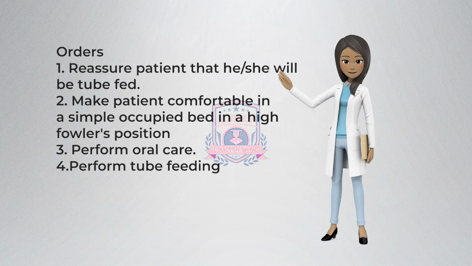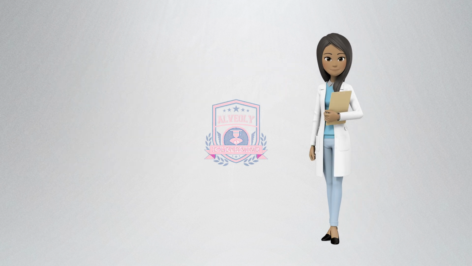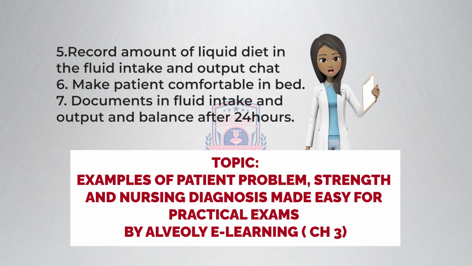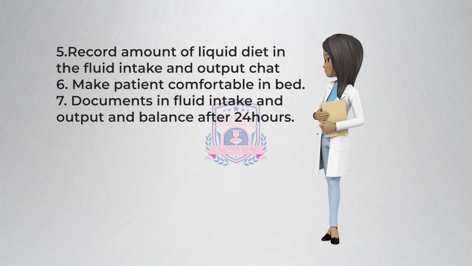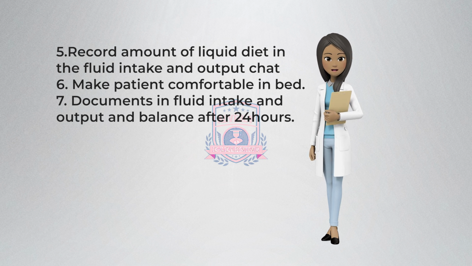Perform oral care. 4. Perform tube feeding. 5. Record amount of liquid diet in the fluid intake and output chart. 6. Make patient comfortable in bed. 7. Document in fluid intake and output and balance after 24 hours.